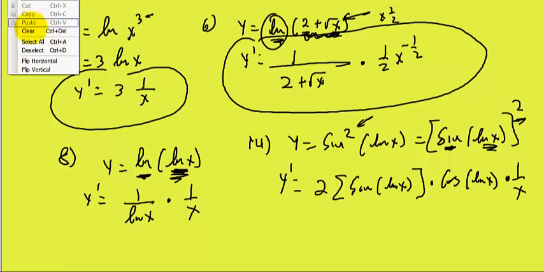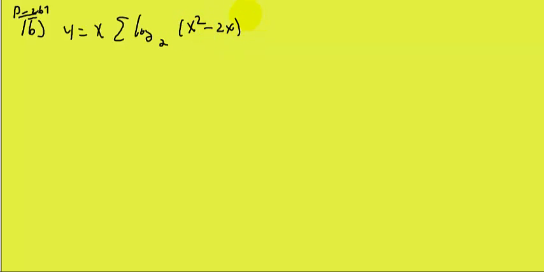So let's clear that. Let's get to number 16. I'm on page 267, still with logarithms here. I have y is equal to x times log base 2 of x squared minus 2x, raised to the third power.